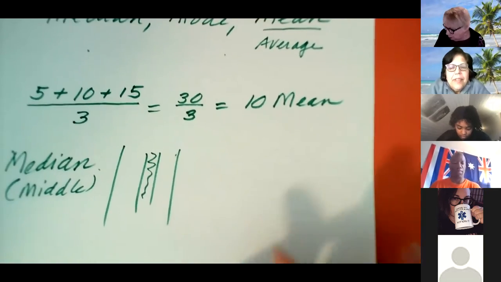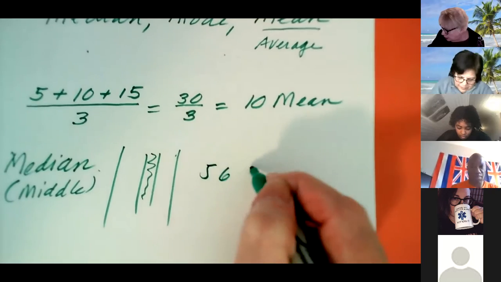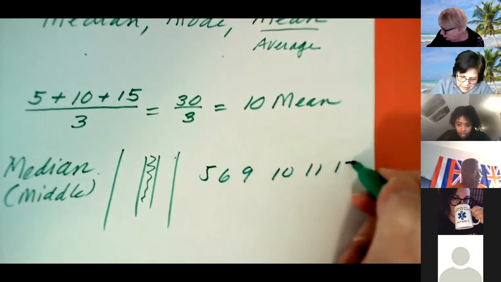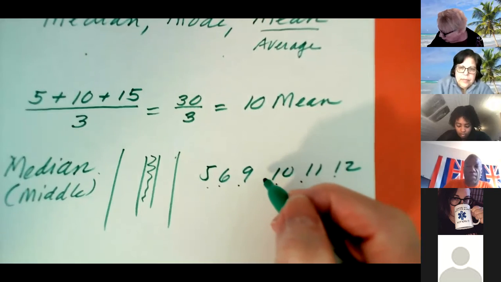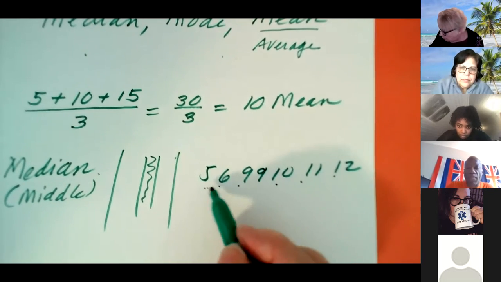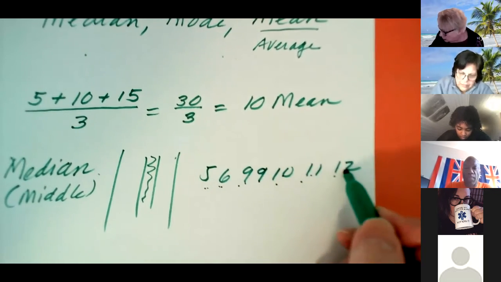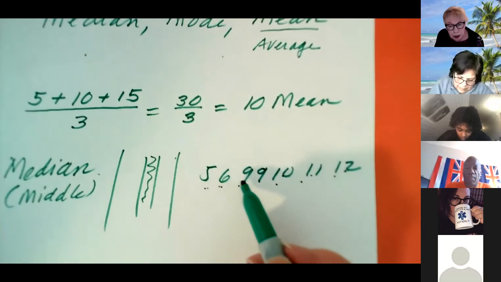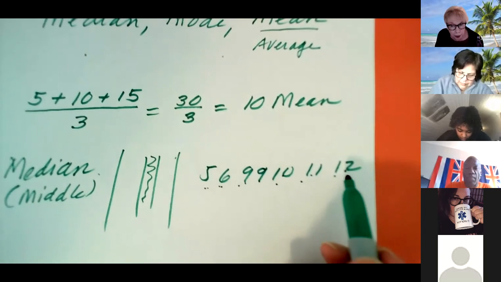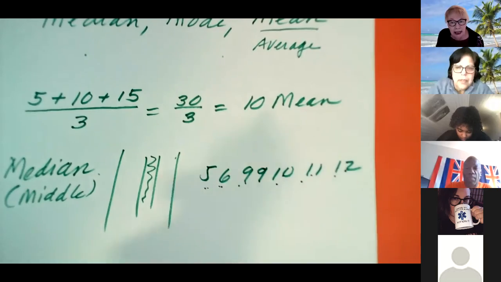If I'm going to put a bunch of numbers down, 5, 6, 9, 10, 11, 12, 2, 3, 4, 5, 6. Let me put another 9 in here. 1, 2, 3, 4, 5, 6, 7. I have 7 numbers here. If you put the numbers you're given in order, the median is the middle number.